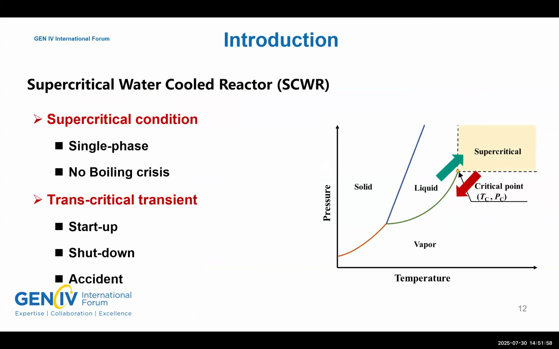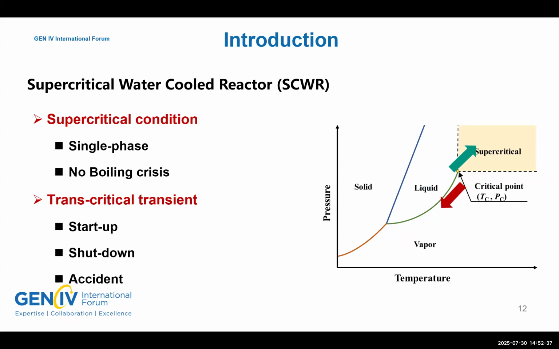And at that time, there's a single phase, there's no phase change in the core, no boiling crisis like in PWR and BWR, both of which have DNB or dryout effects. But for the supercritical water reactor, when it operates at supercritical conditions, there is only single phase and no boiling crisis occurs.